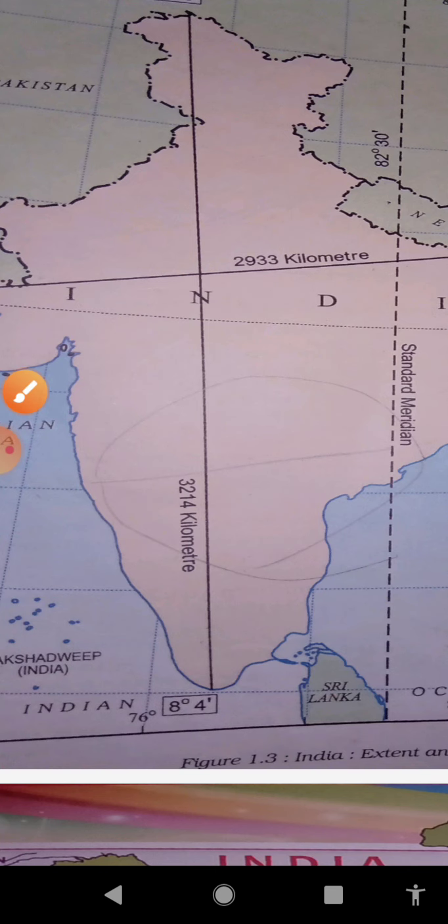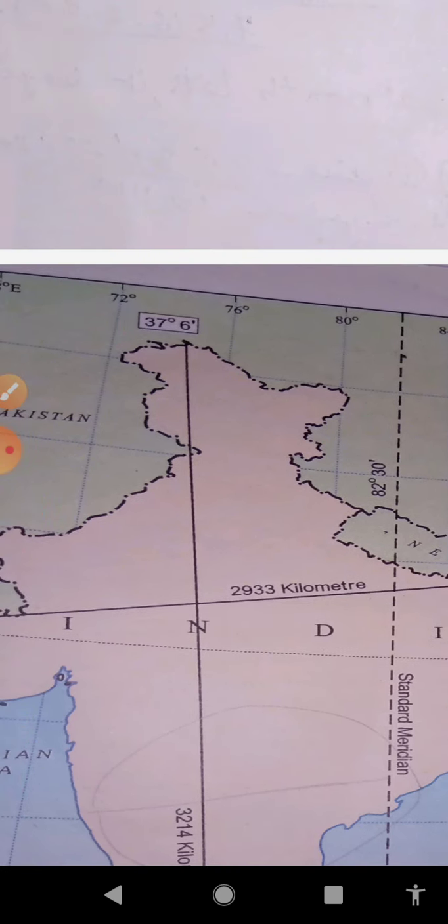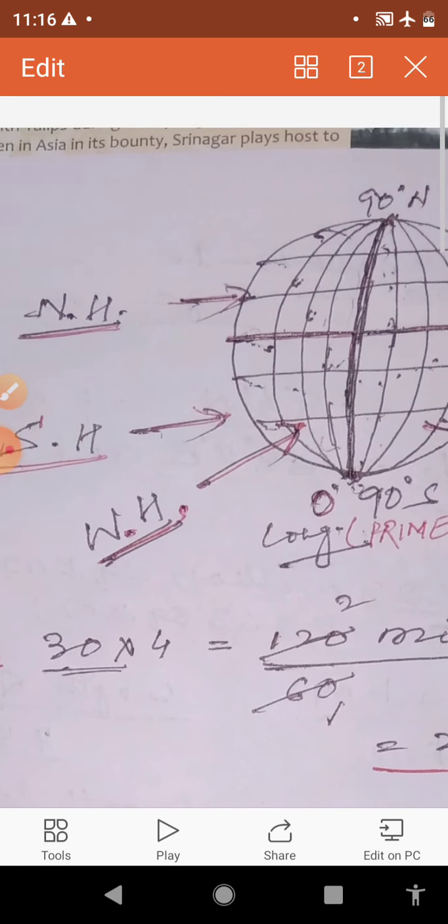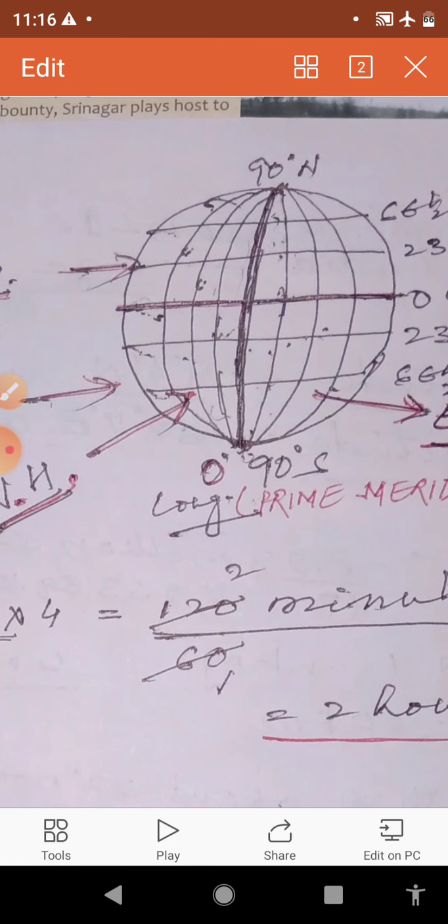I have shown you the parallels of latitude and the meridians of longitude. The distance between two meridians of longitude is maximum at the equator, but as we move toward the pole, the distance reduces. But the latitudes are equidistant, meaning the distance between two parallels of latitude remains the same.